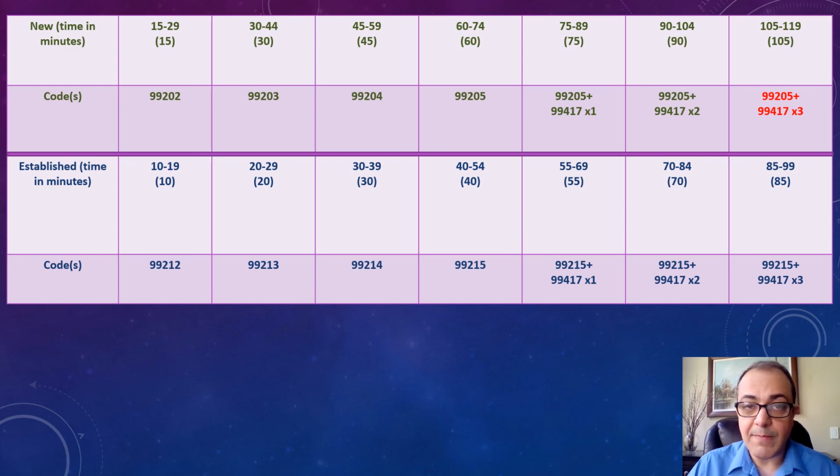Again, one of the good things about this new system is that it rewards you for the time that you spend, and it's easier to achieve those prolonged codes that do make a big difference in how much you are reimbursed for the work you are doing. So this is 99205 plus 99417 times 3.